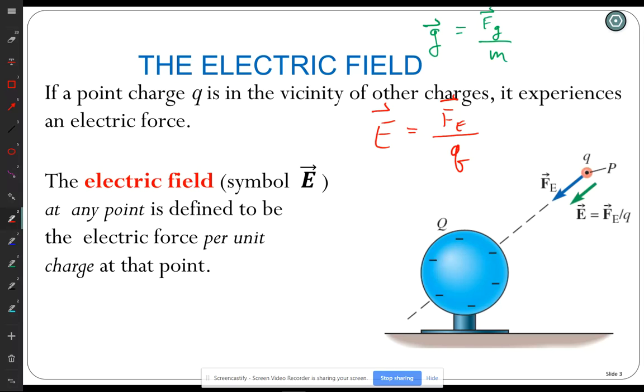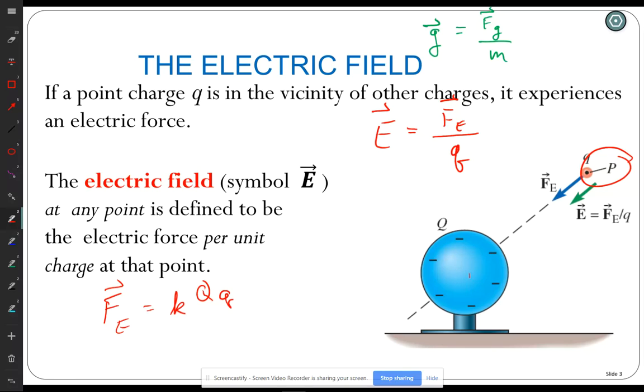I'm standing right in front of this for most people. What will the force be out here at point P due to the charge Q? And so we say, okay, the force is equal to K times the charge, capital Q, times lowercase q, the charge of what we call the test charge.